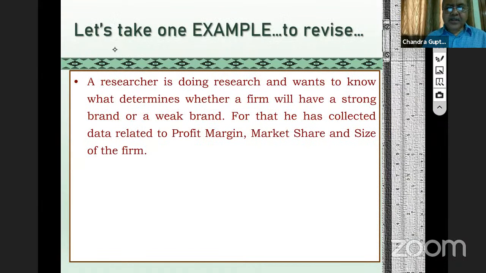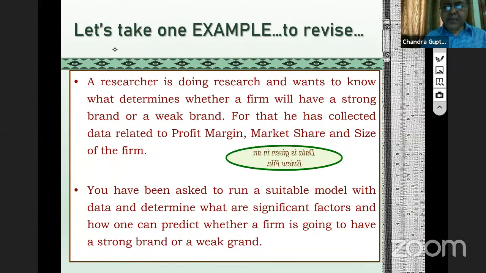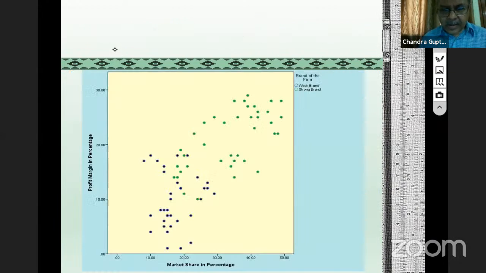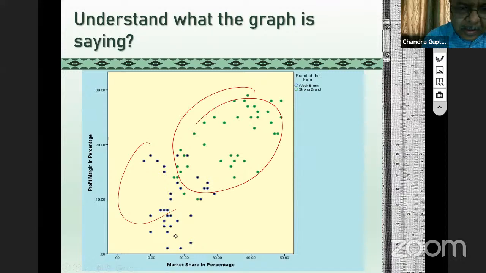Researchers doing research want to know what determines a strong and weak brand, which we have already done. You can see here the strong brand and the weak brand have two different sets.